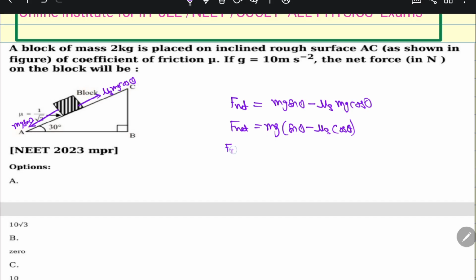So here you see mg is 20, sin 30 is 1 by 2, minus mu s is 1 by root 3, cos 30 degree is root 3 by 2. So here you see F net is 20 into 1 by 2 minus 1 by 2.